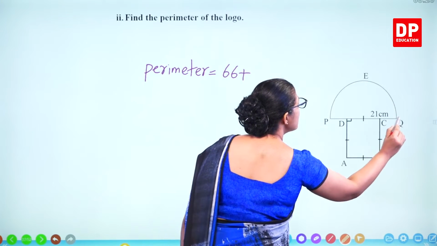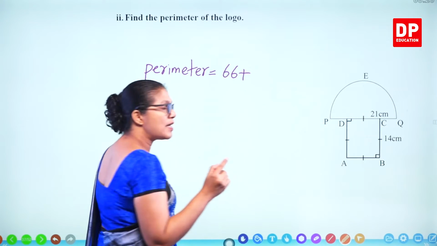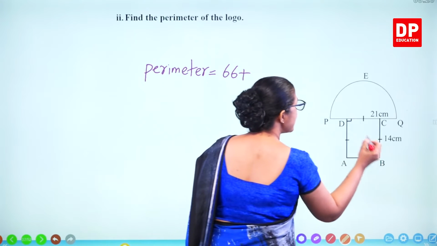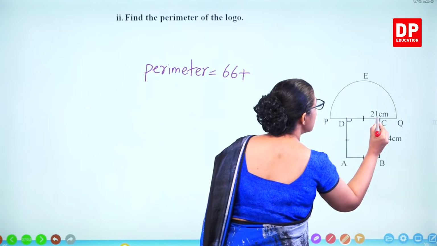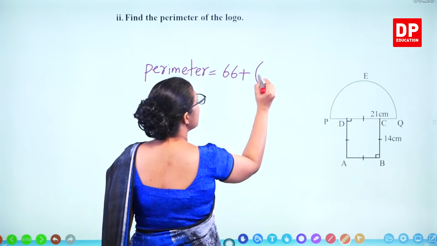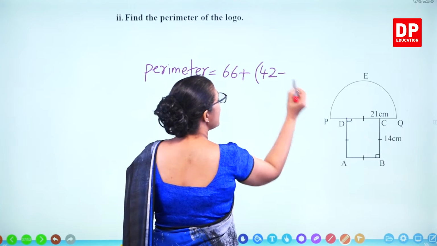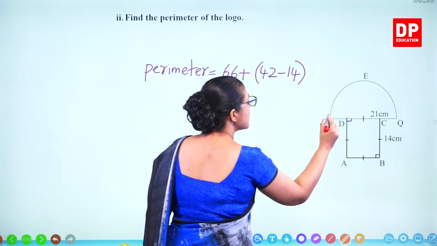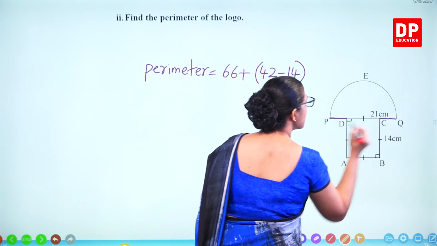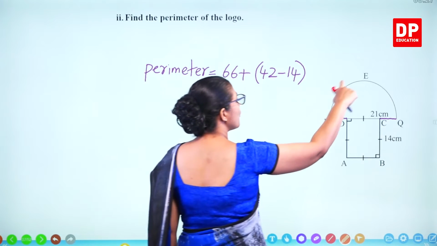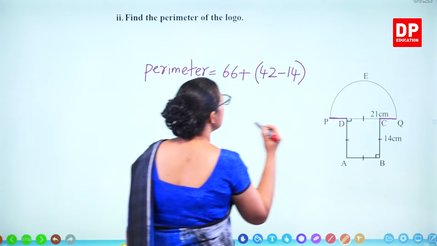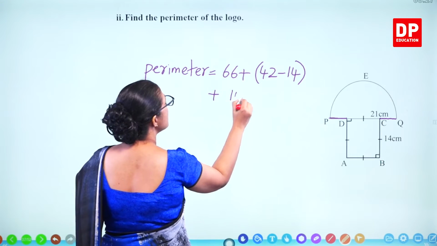Now we know this whole thing is 21 and 21, 42. 42 minus this length is 14. So you have to take 42 minus 14. That's this part and this part. Now we found out this and this. Now how many 14s are there? 1, 2, 3 and 14 times 3.